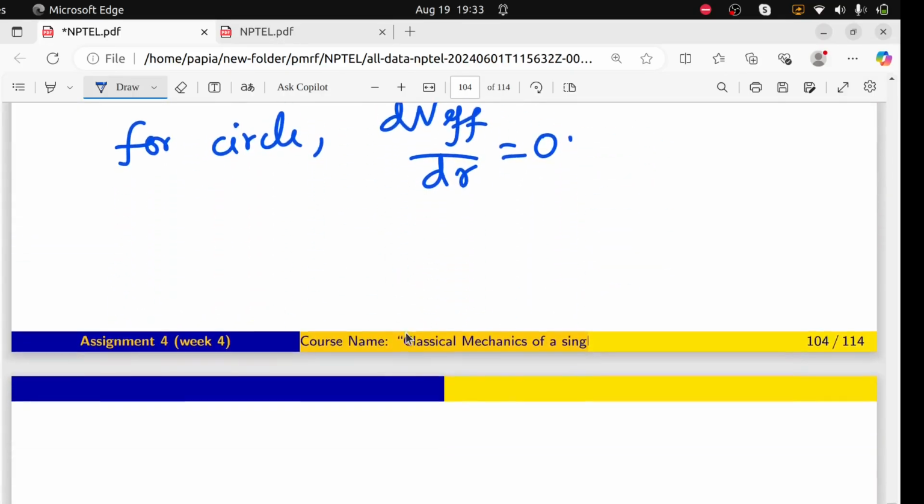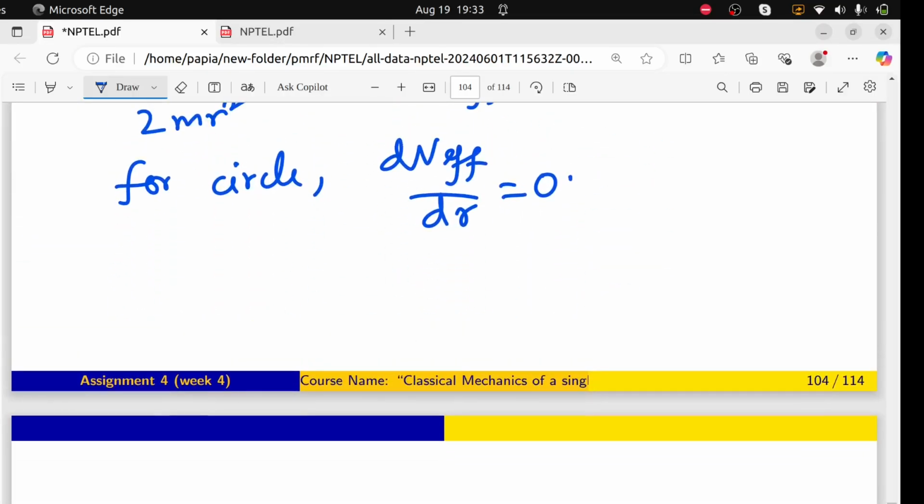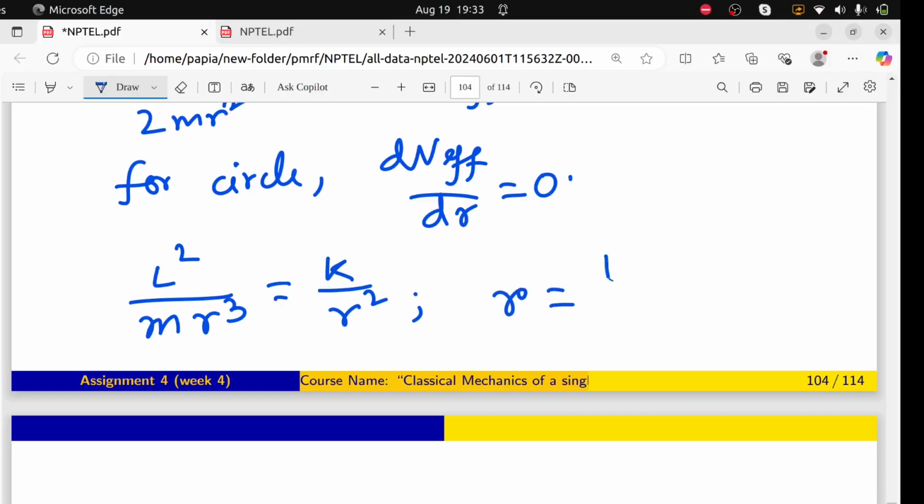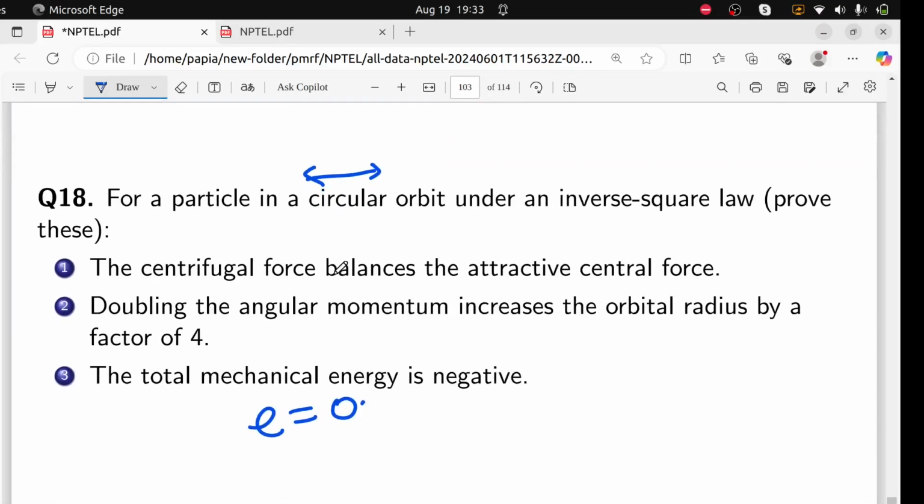Okay? So L square by m r cube equals to k by r square. So r is L square by m k. Okay.